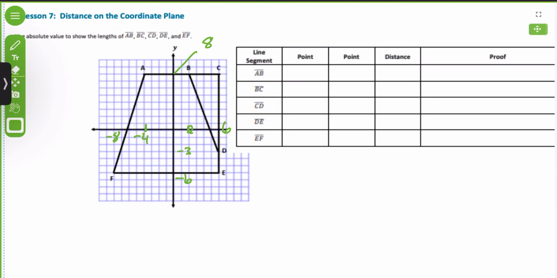So for line AB, we need to talk about a point. A point consists of what? An X and a Y, a coordinate pair, right? Ordered pair, sorry. So what is the ordered pair for A?